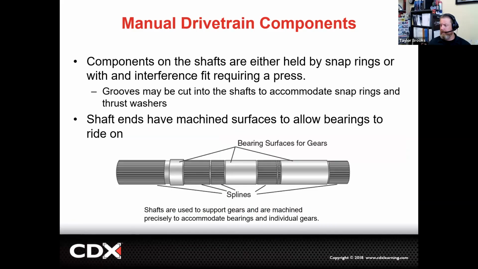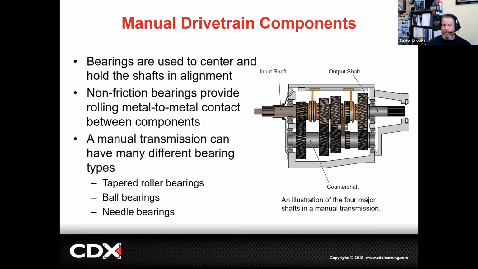Now we can have grooves cut into our shafts themselves for lubrication and to lock everything in, and then our bearing surfaces are going to be smooth. That speed gear that I just showed you that was separate from the Subaru BRZ would have a Torrington or a needle bearing inside of it that would allow for smooth operation so we can reduce friction. We're trying to reduce as much friction as we possibly can inside of a manual transmission because we are going to have these gears in constant mesh. Now, I will show you with our 3-speed when I do start talking about how it's going to shift.